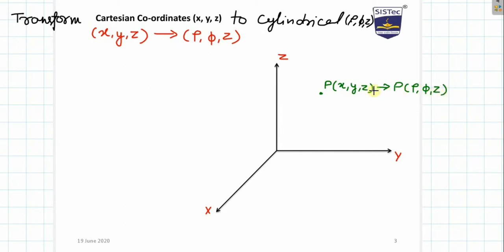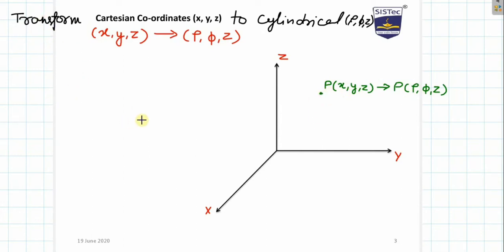Okay, so if you are willing to transform this vector representing x y z in the Cartesian to the cylindrical, then how can we do it? So we have considered one point that is initially in the Cartesian system. Now how can it be resolved?